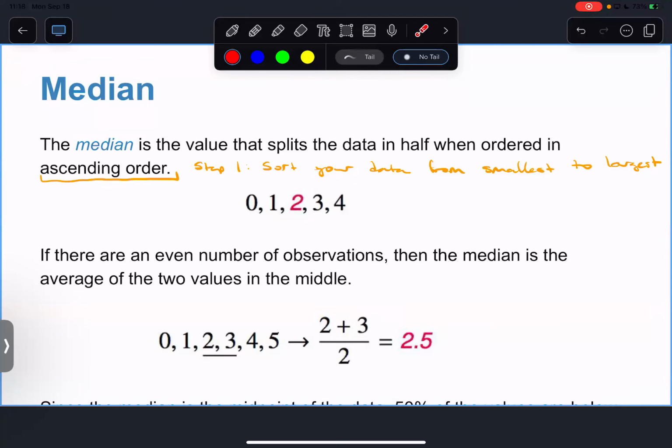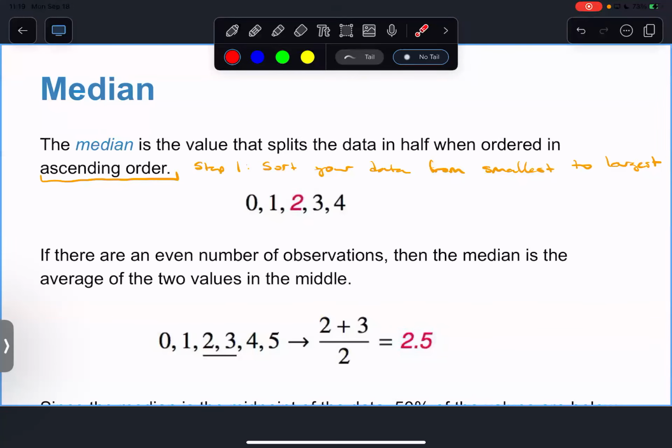You just boop, boop, boop, but I do it simultaneously. And then you land on the middle value. There are formulas that we could use to find the location, but because we're going to be using maybe maximum 15 data points, you can just boop, boop, boop and find the middle value.